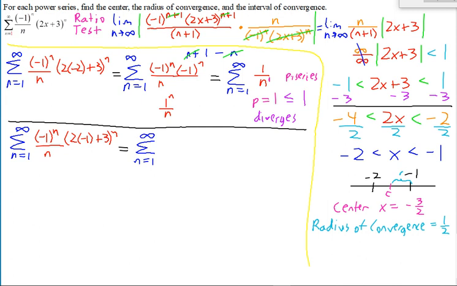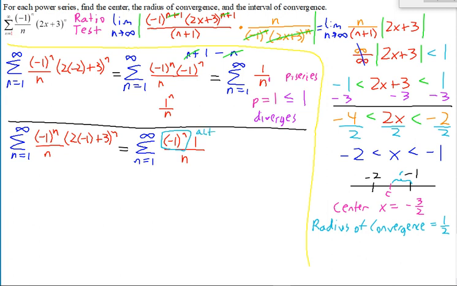Here we get negative 1 to the n. Negative 2 plus 3 is 1, to the n. But that's just 1. So that doesn't even affect anything. Just 1 to the n power is just 1. So on this one, notice we're still left with this negative 1 to the n. So if you plug in 1, it's going to be negative, then positive, then negative. So these are the easiest to identify what test to use. That's going to cause it to alternate.